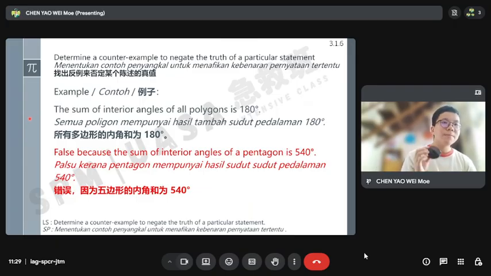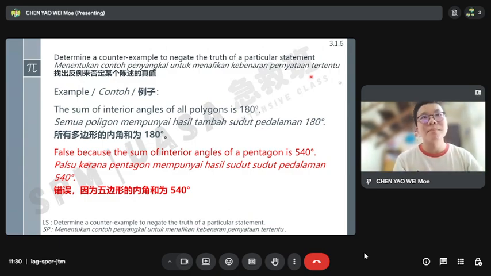This statement is false, so I need to use a counterexample to show that it is false. It is false because the sum of the interior angles of a pentagon is 540. Any shape except 180 works. We can use 360, 720, 1080; these also can, except for 180.